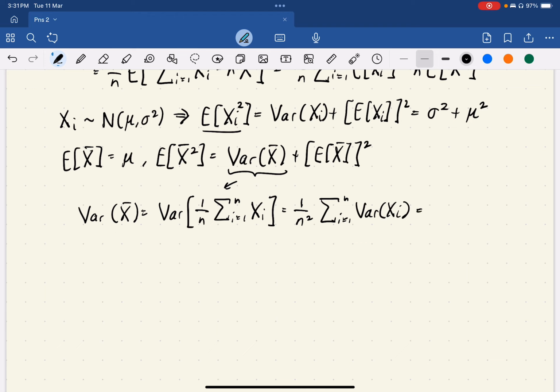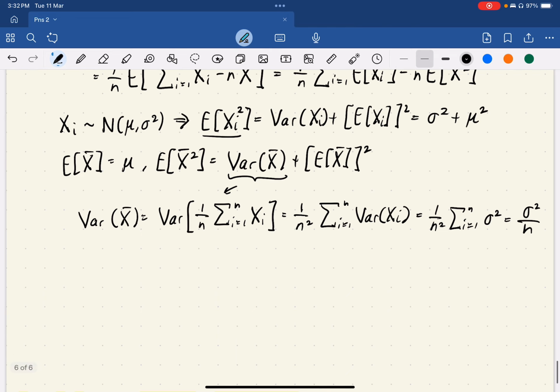Since the variance of xi is the same from i equals 1 until n, this is just sigma squared, a constant summed n times, which brings us to the final answer of sigma squared over n.